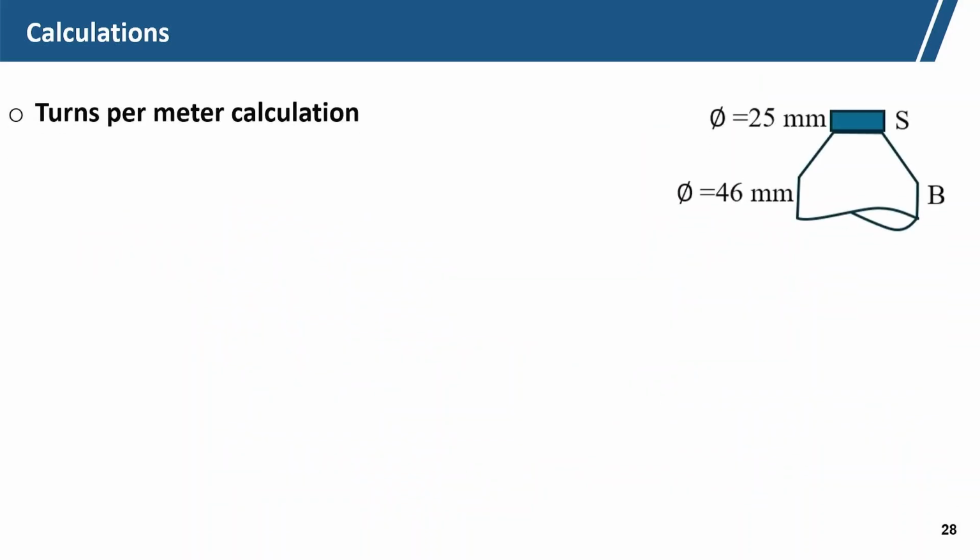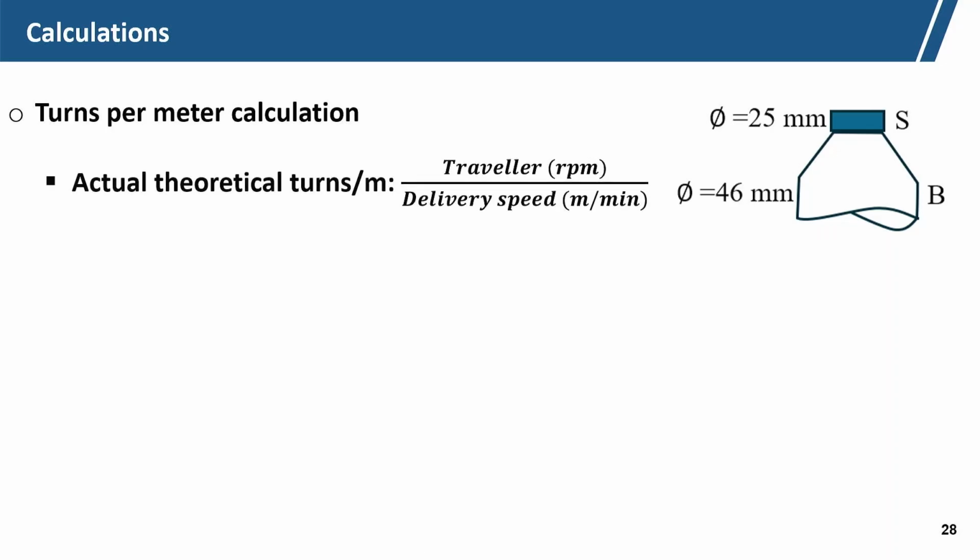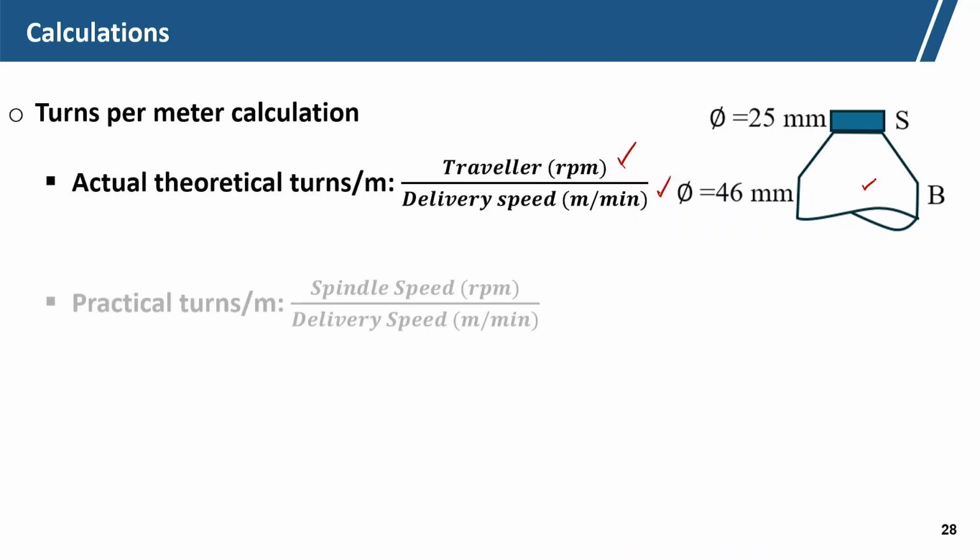So, turns per meter, if we try to see, the actual theoretical turns per meter is traveler RPM by delivery speed, that is the actual twist in the bobbin.